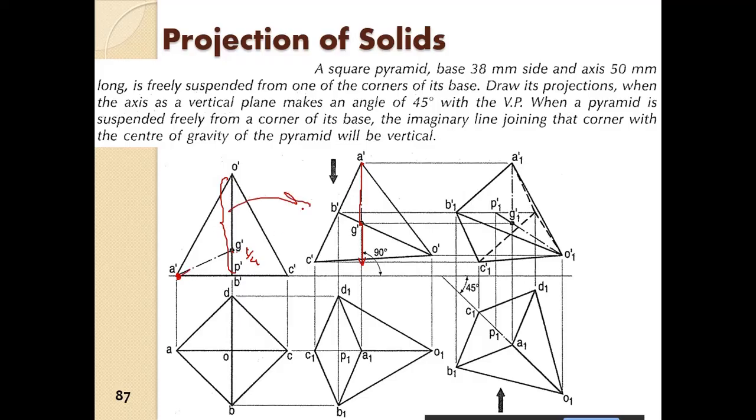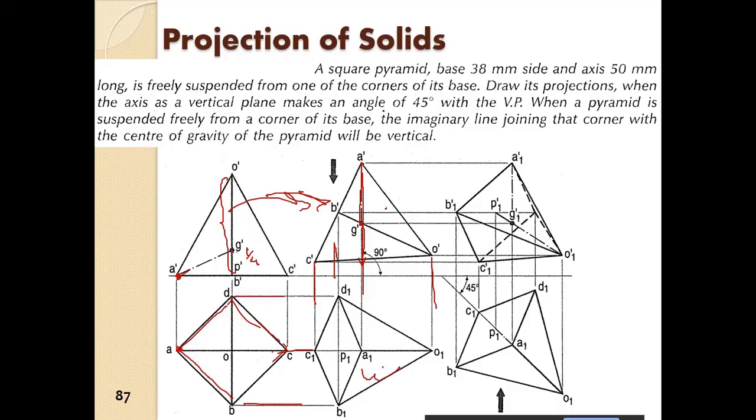So first we draw the pyramid and suspend it about point A. As soon as it is suspended, this becomes vertical and we rotate it in this manner. From there we again drop the vertical and horizontal projectors and we get the top view.